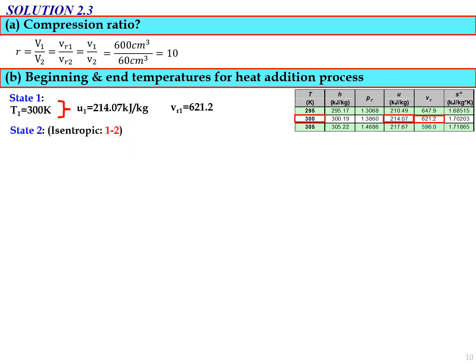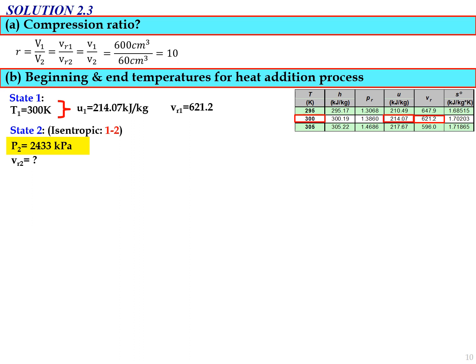State number 2 involves the isentropic process, and P2 is already given in the figure, where P2 is equal to 2433 kilopascal. In order to obtain the other parameters for state number 2, we need to determine Vr2.